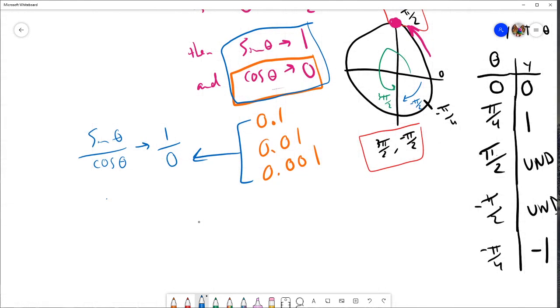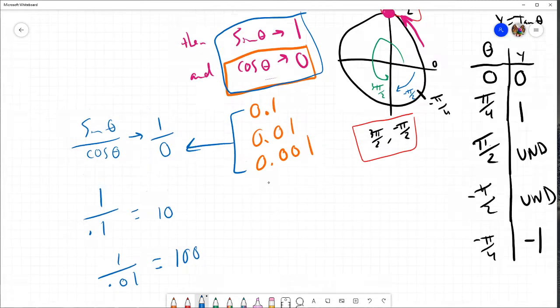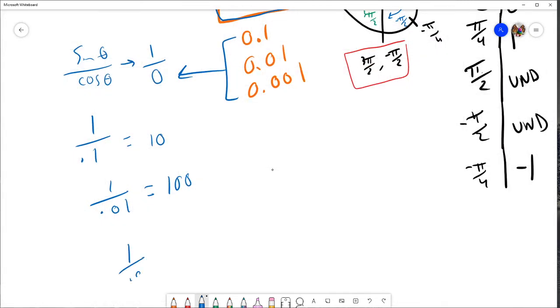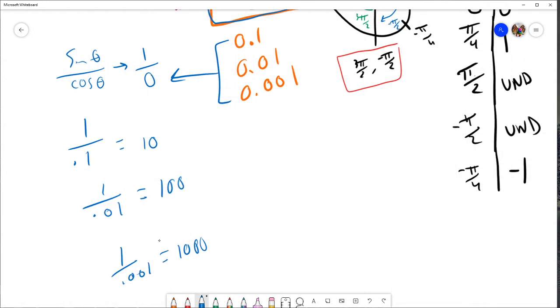So what happens when you have, say, 1 divided by 0.1? Well, that's 10. Well, 1 divided by even smaller number, 0.01? Well, that's 100. And 1 divided by 0.001, that's 1,000. Uh-oh. These values are getting huge. So these ratios are going to get bigger and bigger and bigger.